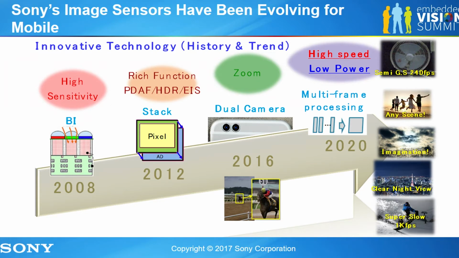This is just showing the mobile market history. Then last year, we introduced the dual camera for the smartphone market, which might be seen booming in the market, driven by the giant smartphone makers. It enables digital zooming, similar to what a DSLR camera enables nowadays, but without a bulky lens mount.